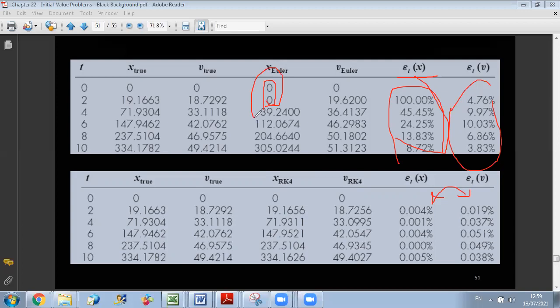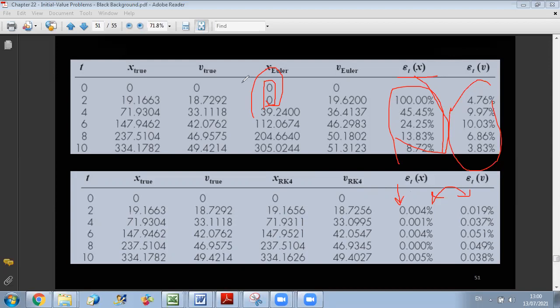You are taking a much better estimate of the mean. So as you can see here, I can achieve very small errors using RK4, while with the Euler method, I have a very large error.